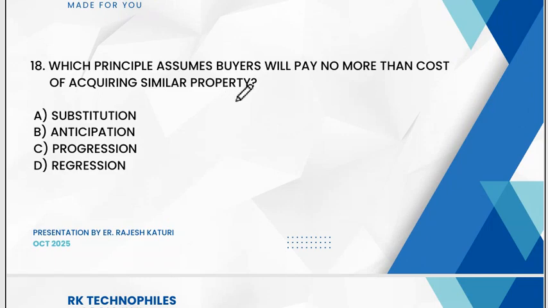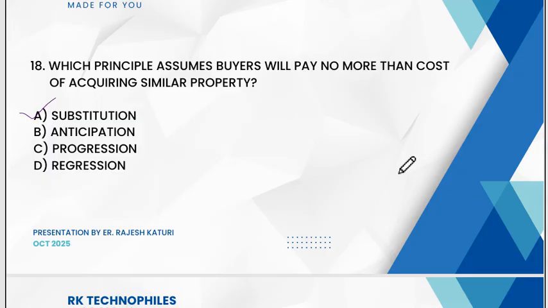Which principle assumes buyer will pay no more than cost of acquiring similar property? Substitution, anticipation, progression, regression. The answer will be substitution. Substitution actually means rational buyers compare alternatives and will not overpay.